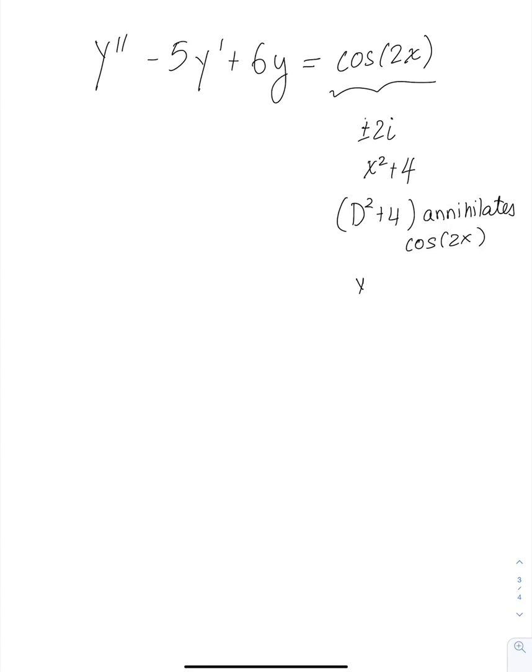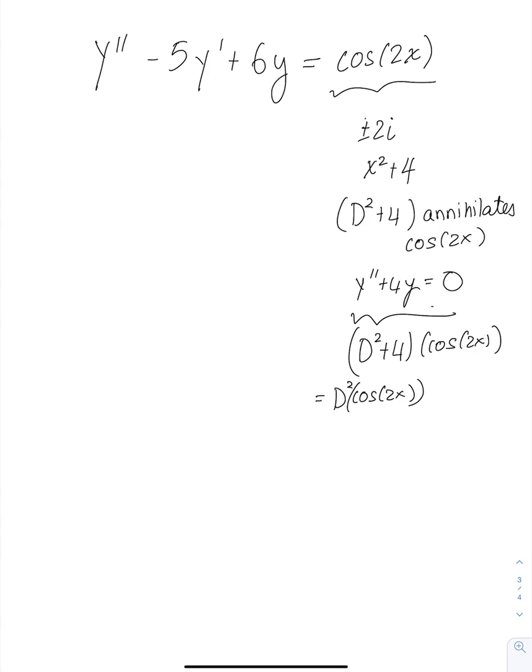Because if you look at y double prime plus 4y equals 0, a solution to this is cosine 2x. So if you look at D squared plus 4 applied to cosine 2x, what does that mean? It means that you're differentiating cosine 2x twice, and then you're adding 4 times cosine 2x, which means (cosine 2x) double prime plus 4 times cosine 2x.